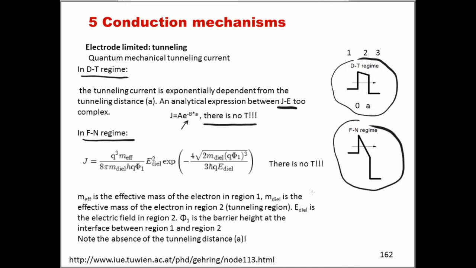In this case it is possible, through some approximations and assumptions, to find an analytical expression that relates J to the electric field in the dielectric material. Sometimes we will indicate that as Eox also, the electric field in the oxide. But also in this case, what we have to point out is that again there is no dependence on the temperature.